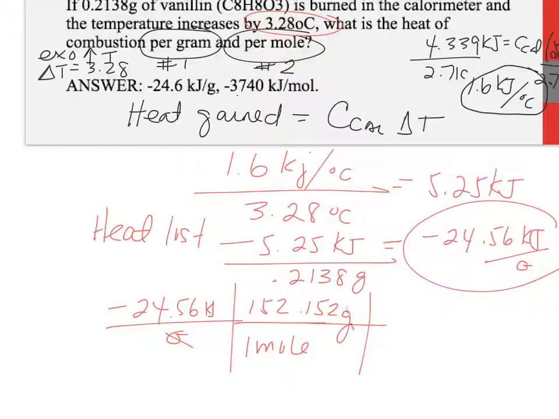So our grams cancel, and our resulting energy is 3736.9 kilojoules per mole. So 3736.9 kilojoules per mole. Okay.